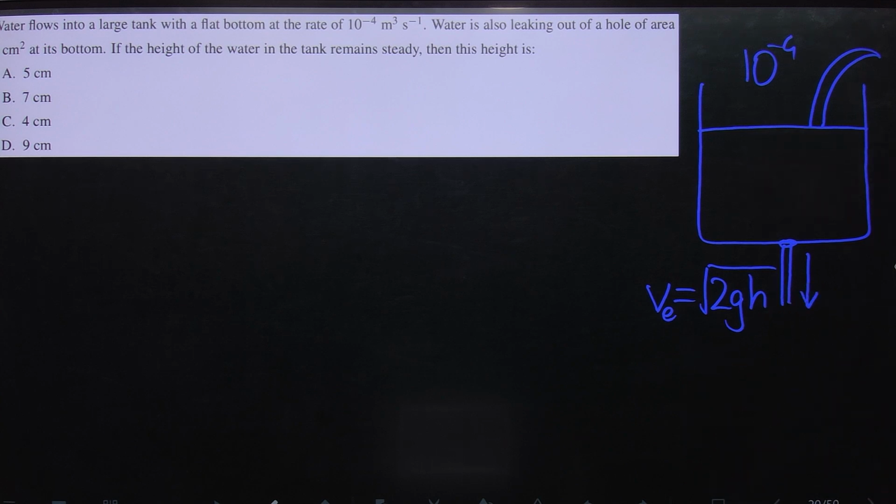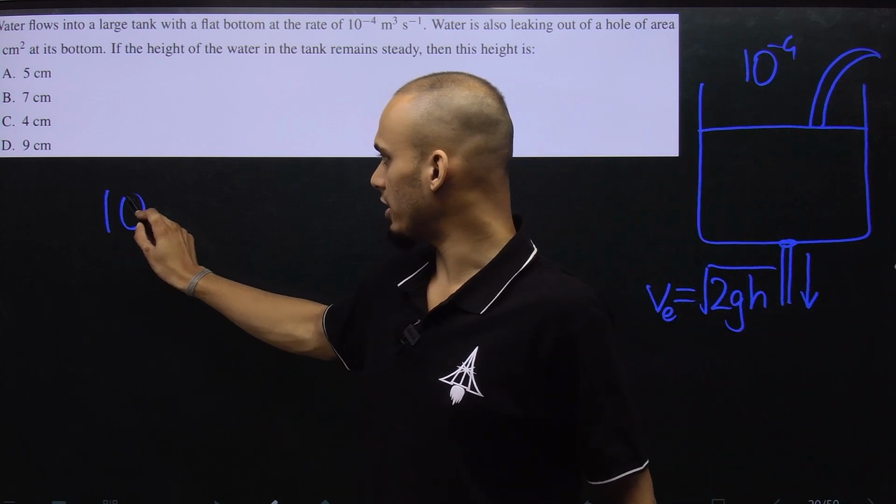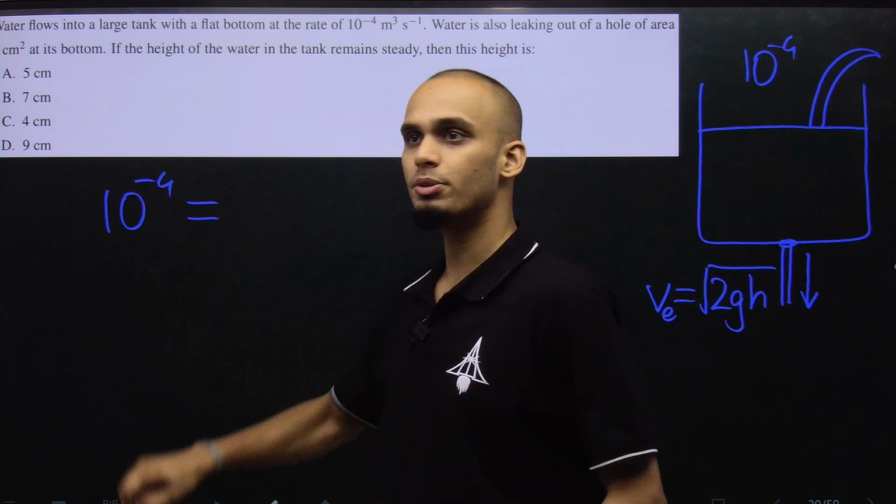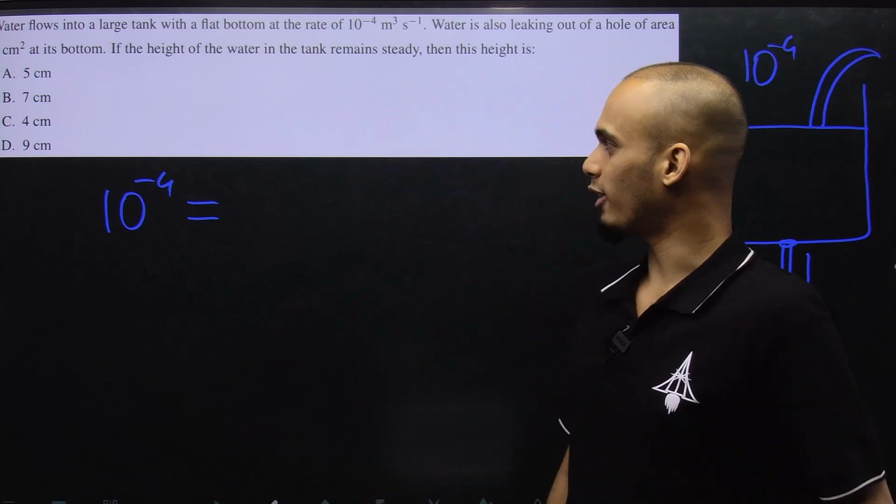Now, in order for the level of water to be constant, the rate of influx should be equal to the rate of efflux. We know the rate of influx is 10 power minus 4 and the rate of efflux should be equal to area of the hole into velocity of efflux.